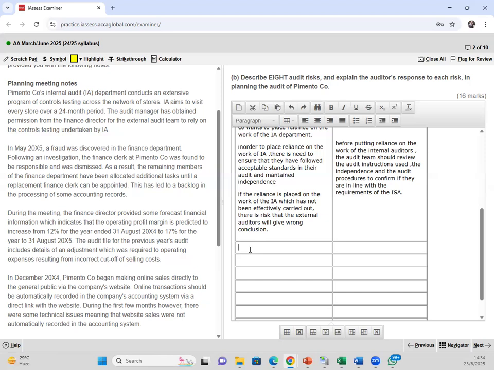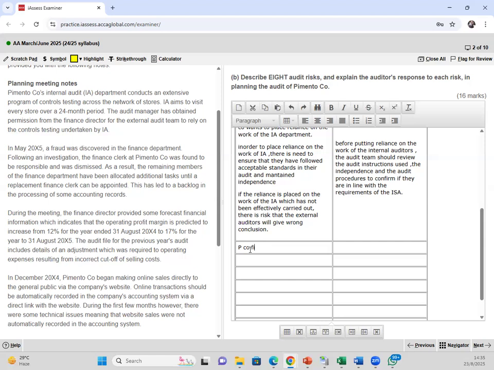But let's start with the audit risk before we get to the response. Always remember, we start with the indicator. The indicator helps you to apply the case.